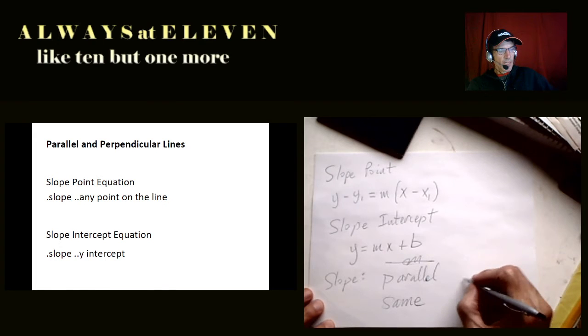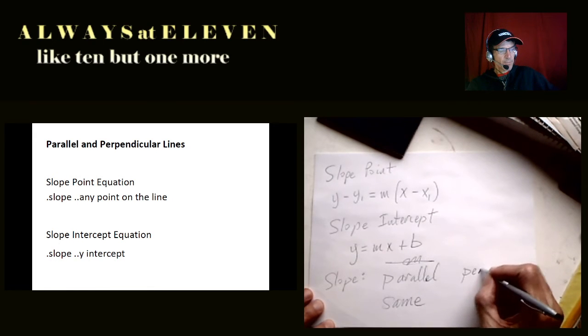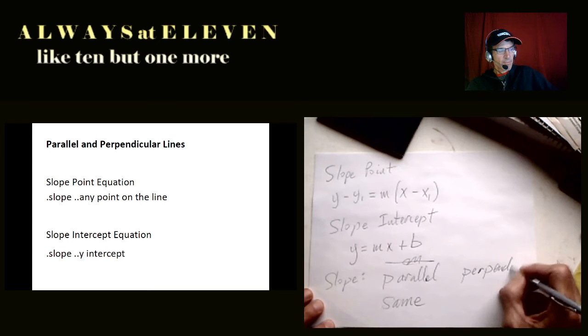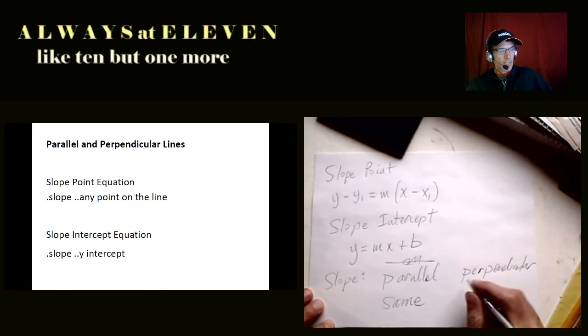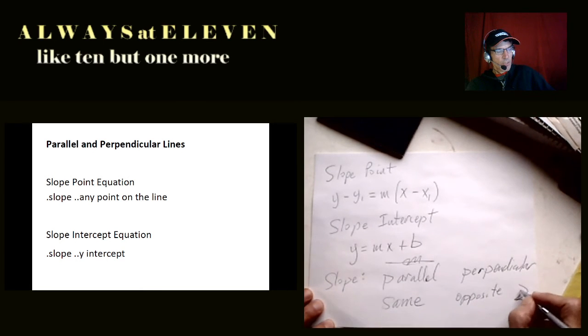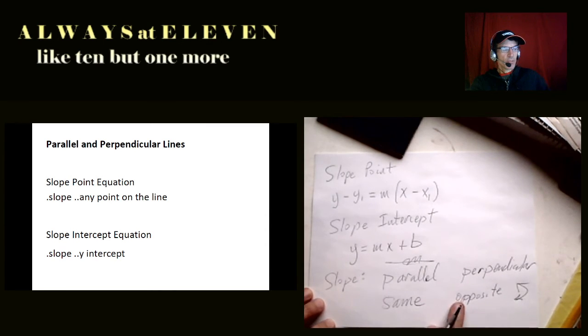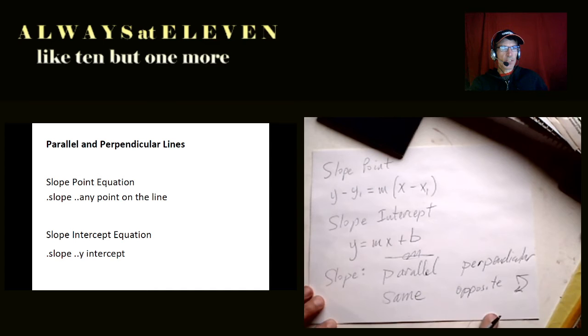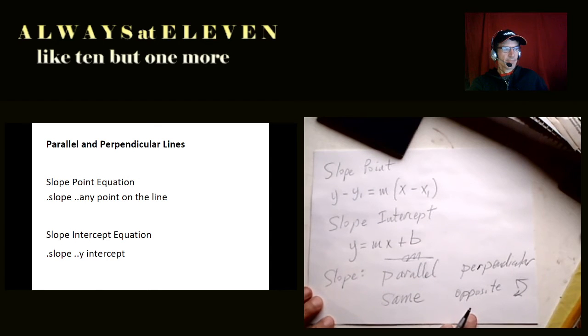And if you want a line that's perpendicular, then you want to have the slope with the opposite sign and switched around. In math language, it's the negative reciprocal, or the opposite reciprocal. But I'm just running out of real estate here, as you can see, at the bottom of the page.